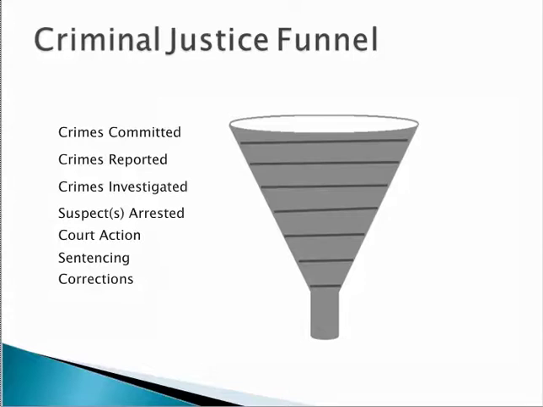In keeping up with the theme of this course, here again you see the criminal justice funnel. We're at the stage where the suspect has been arrested and charged, and we are now in the court action phase of the course.